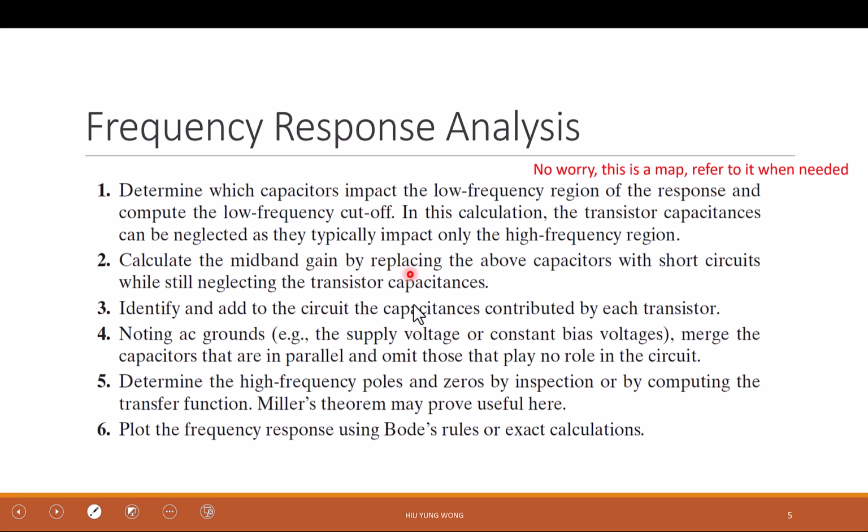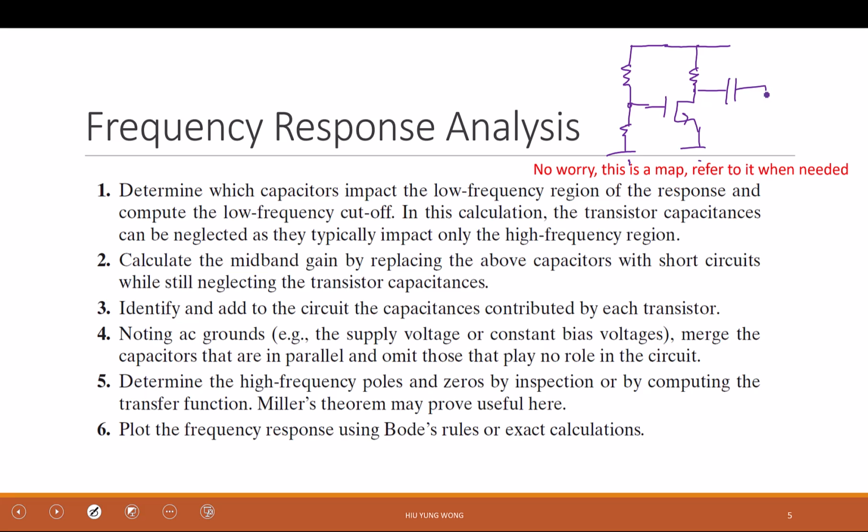Then we go to higher frequency, at which, so maybe it's good, let me just draw an example circuit so that you understand what I'm talking about. I have this common source amplifier, biased like this.